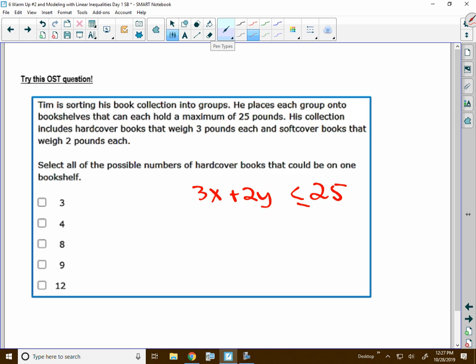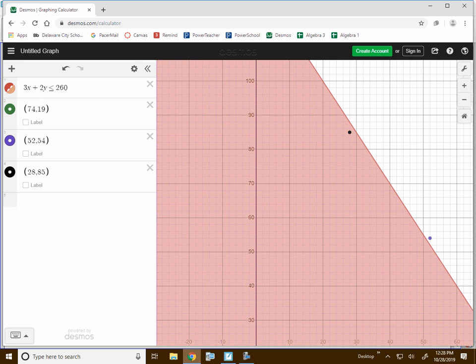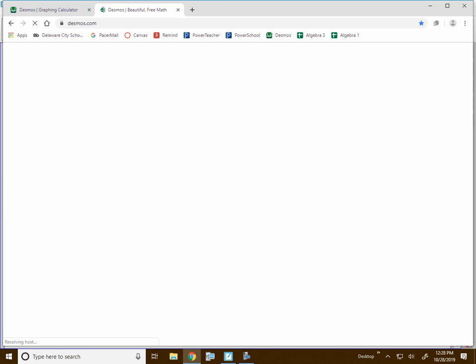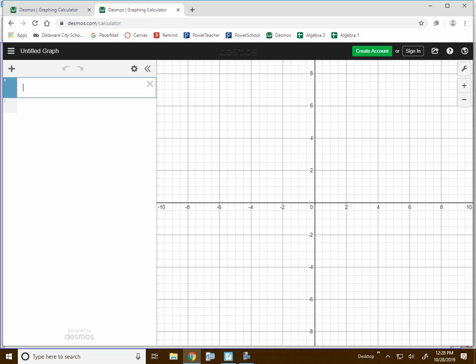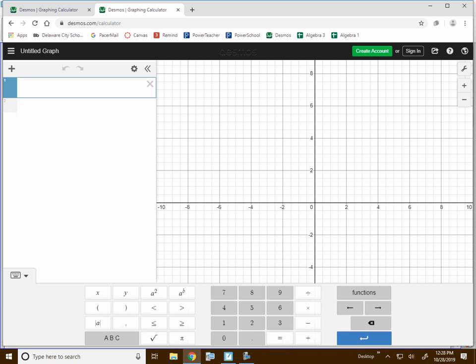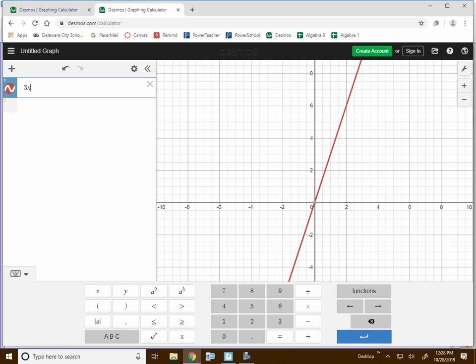Select all of the possible numbers of hardcover books that could be on one shelf. Okay, the best way to do this is Desmos. I'm going to create a new tab here. Okay, so let me type this in. It was 3x plus 2y less than or equal to 25.